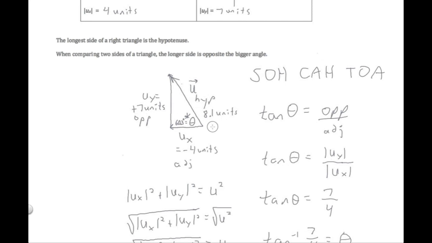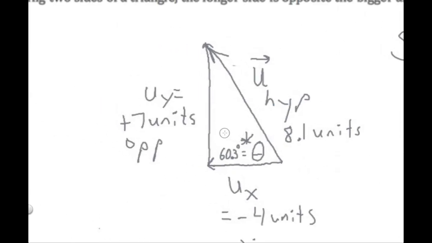All right, so that's one way we can check that these results make sense. This number came out to be bigger than either of the two components. And the other thing we can use is that a longer side should be opposite a bigger angle. Now, we haven't figured out the angle at the top of the triangle, but I hope it's obvious to you that this angle is smaller than the 60.3, because we know they add up to 90.